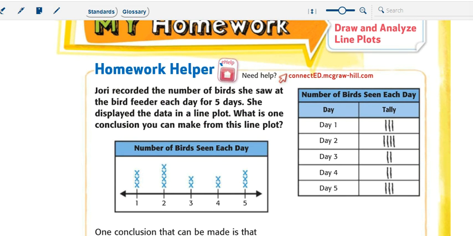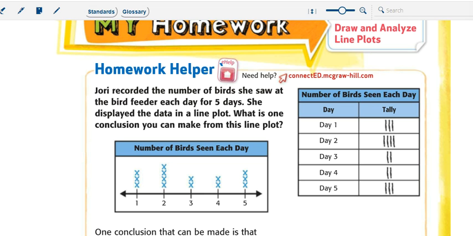The problem says, Jory recorded the number of birds she saw at the bird feeder each day for 5 days. She displayed the data in a line plot. What is one conclusion you can make from this line plot? Now, during day 1, she saw 3 birds. During day 2, she saw 4 birds.